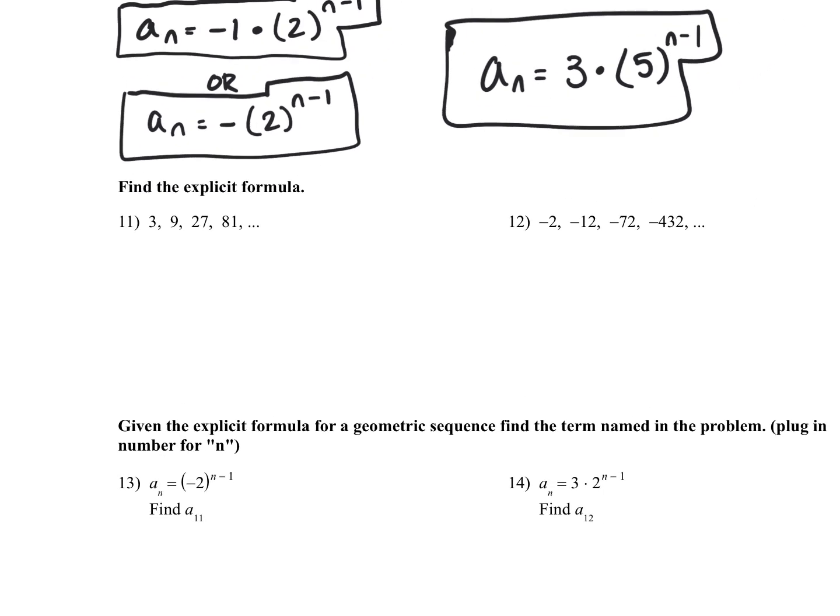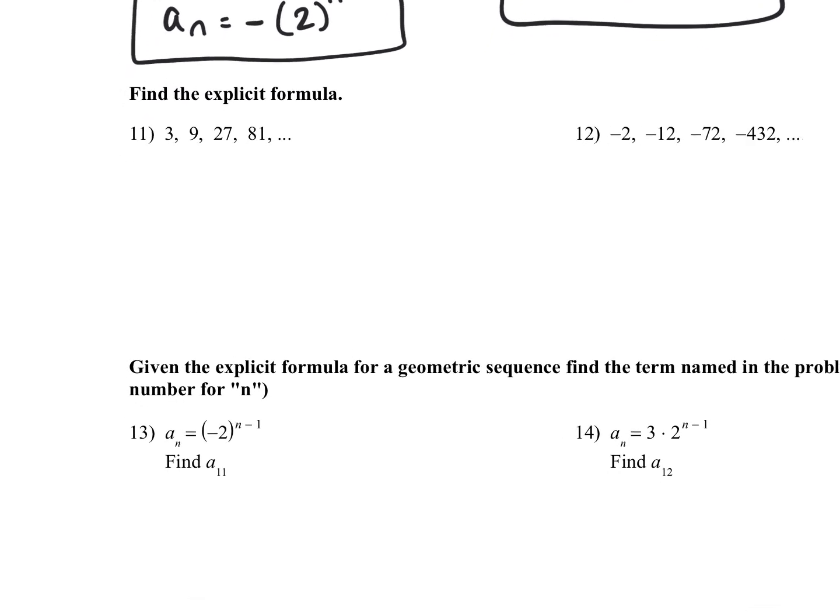All right. Now, 11 and 12 add a little bit to it, okay? Because they're still asking you for the explicit formula, but you don't have all the information. What are the two things you need? You need your a sub 1 value, your first term, and then you need your common ratio, which is r. Now, you can find both of these pretty easily, right?